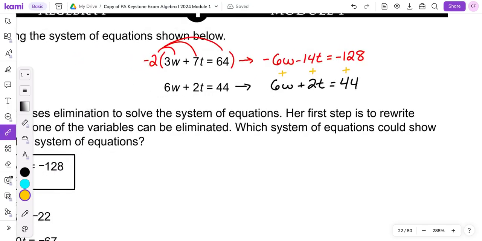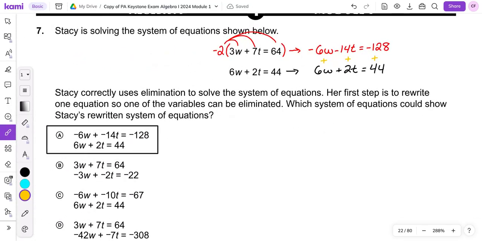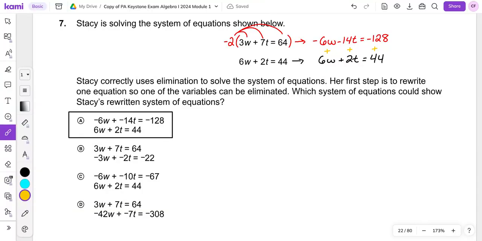Now, depending on how this is taught in class, another method, while it would not match the multiple choice options, to solve this would have been if the original problem was 3w plus 7t equals 64 and 6w plus 2t equals 44.